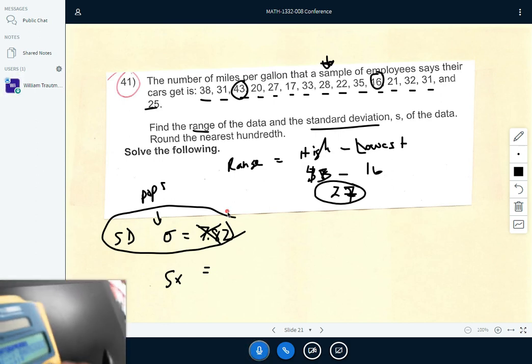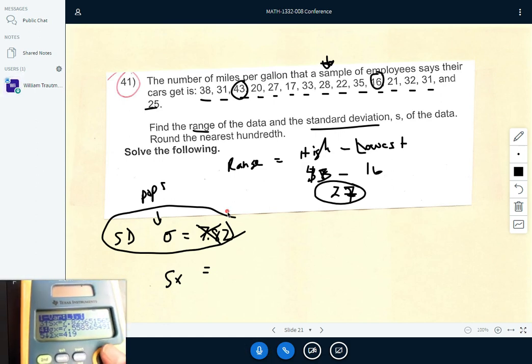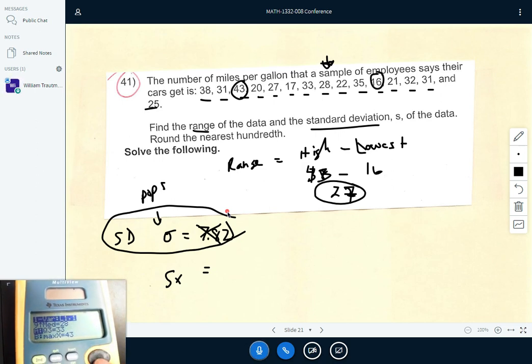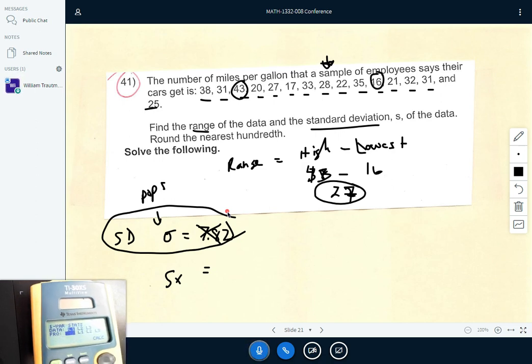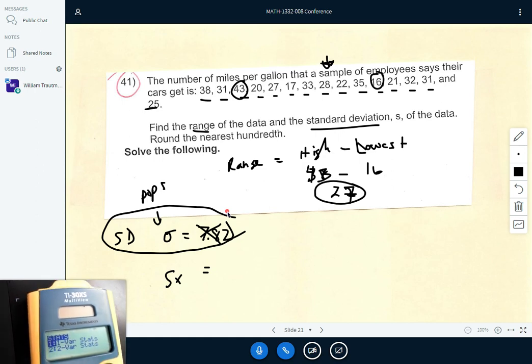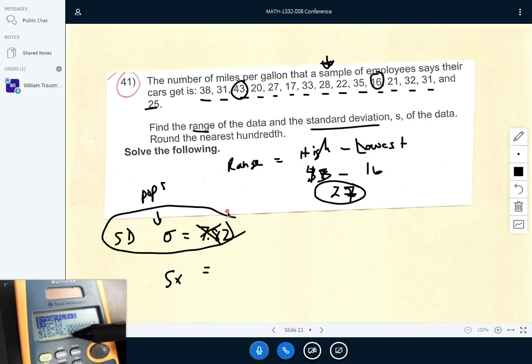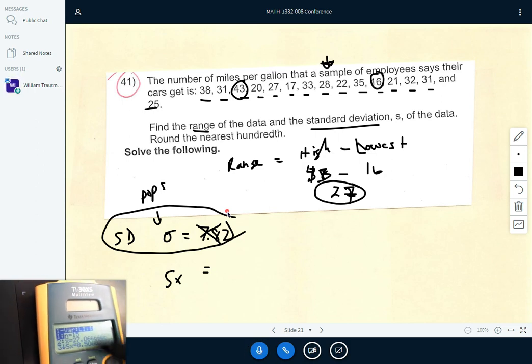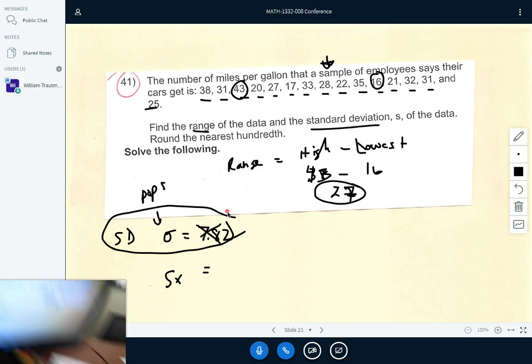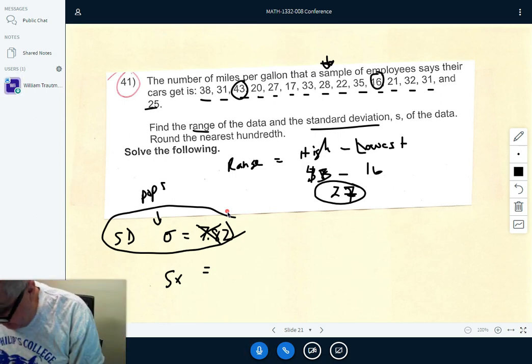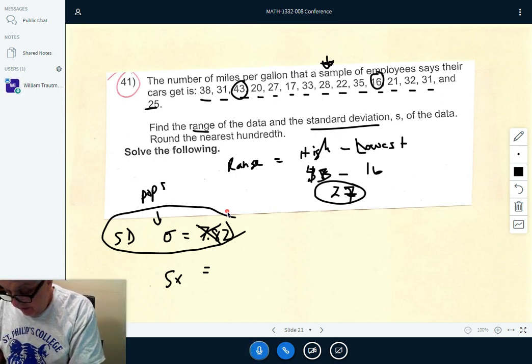Look at our data again, and we're back. Second stat, number 1 var stats. Do you see here? Oh, see, I changed the numbers. This is the sample standard deviation. So let me check my data really quick again. I had changed a number, and I don't want to clear anything.